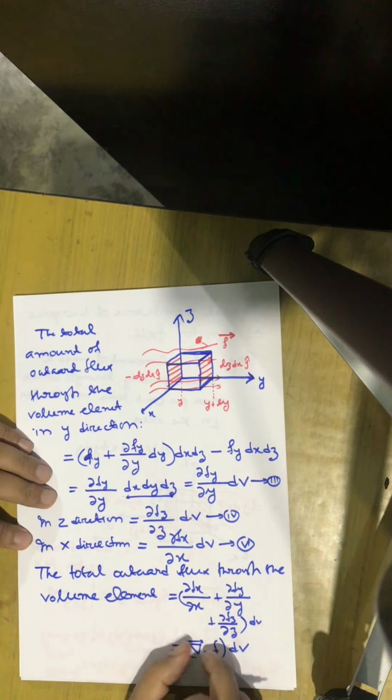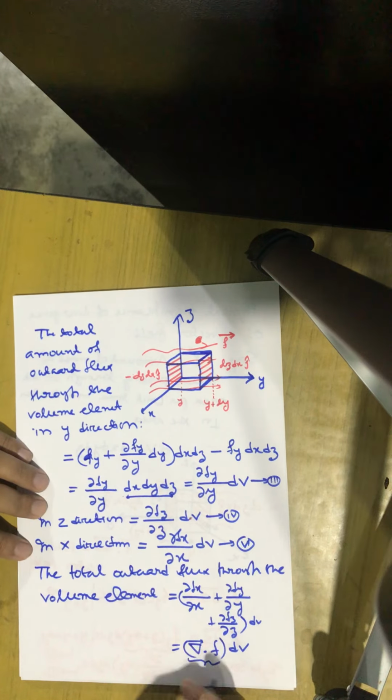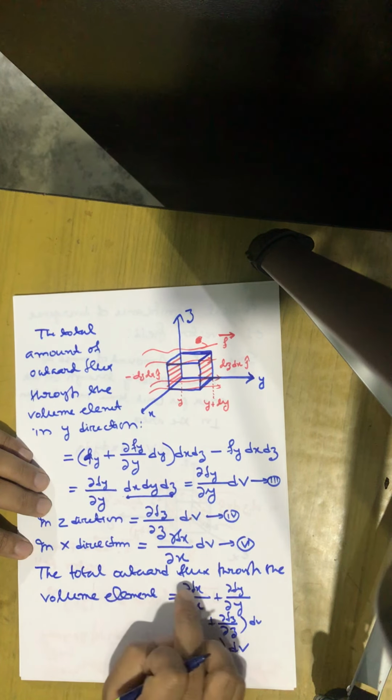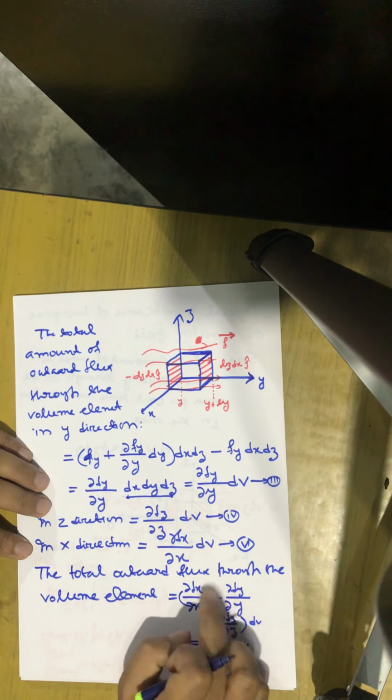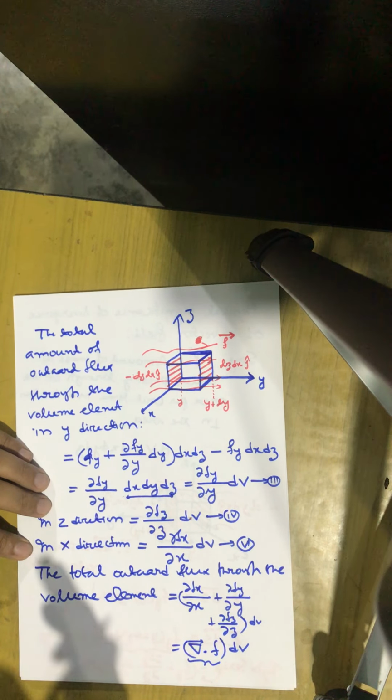From this expression, one can easily understand the physical significance of the divergence. Divergence of any vector field is the total outward flux per unit volume at each point in that vector field.